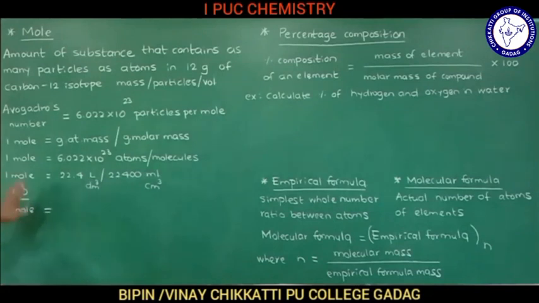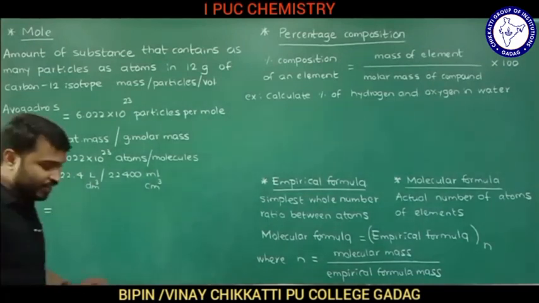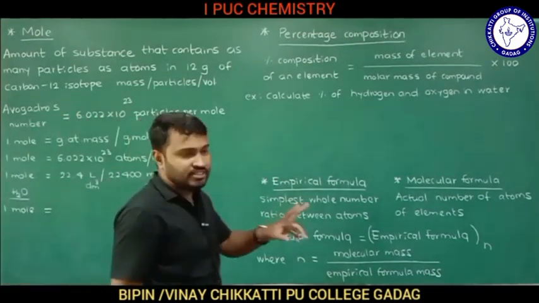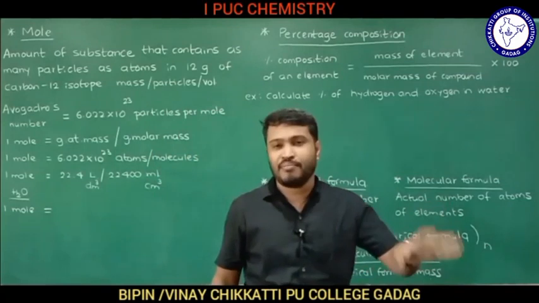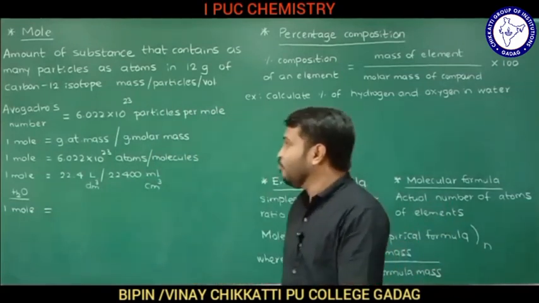1 mole of water in terms of mass, in terms of particles, and in terms of volume I am going to write here. In terms of mass, a question arises: we have two choices here. Either you go for gram atomic mass, or gram molecular mass.